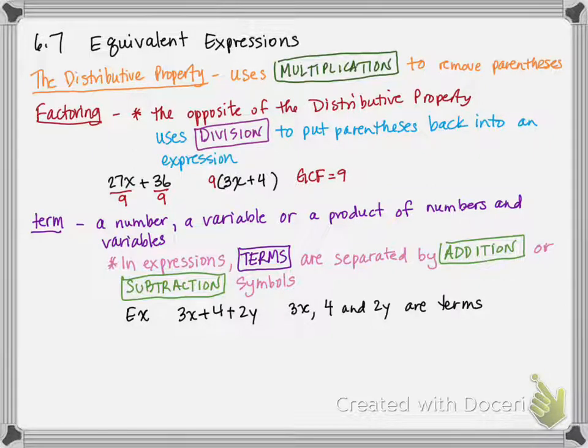Now, we've got a special name for a term that is a number only, like in our past example, the number 4, and that's called a constant. Constant, so it's a term with no variable. It's number only.